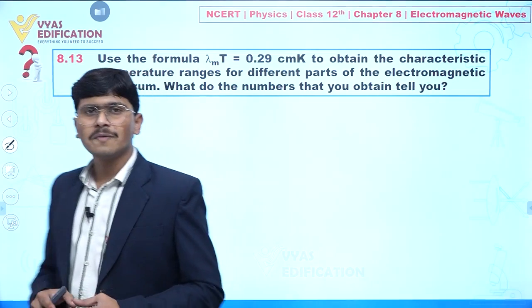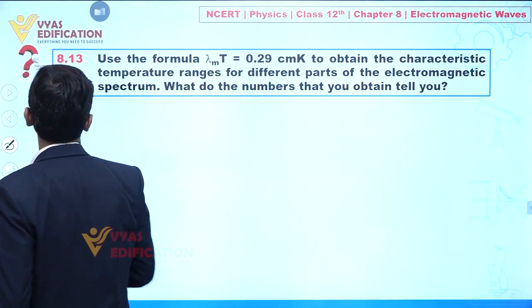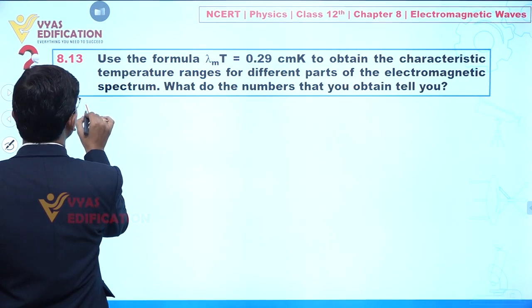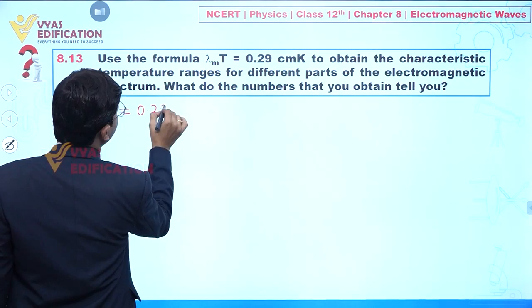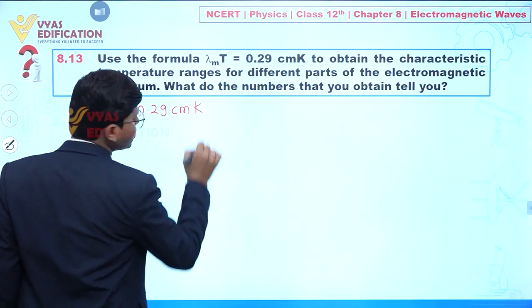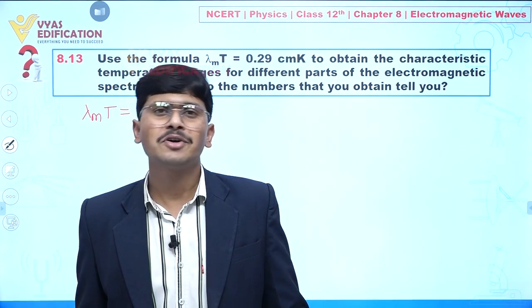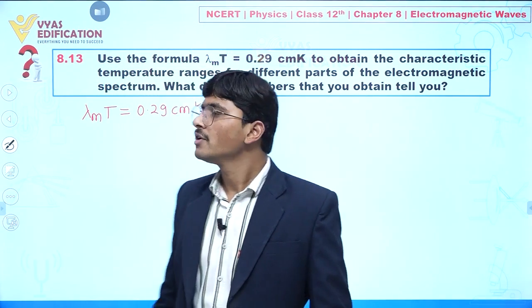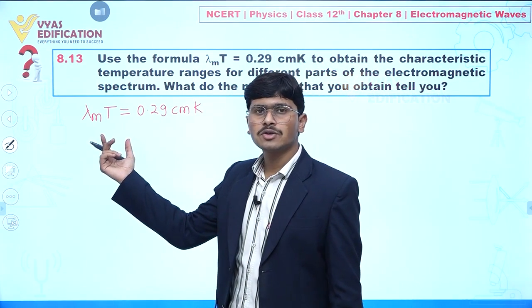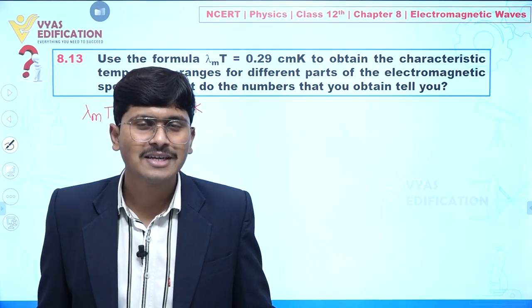Now actually this is related to Wien's law, and according to Wien's law there is a relation between the wavelength corresponding to maximum radiation and the temperature, that is, the product always remains constant, and this is equal to 0.29 centimeter Kelvin, clear.